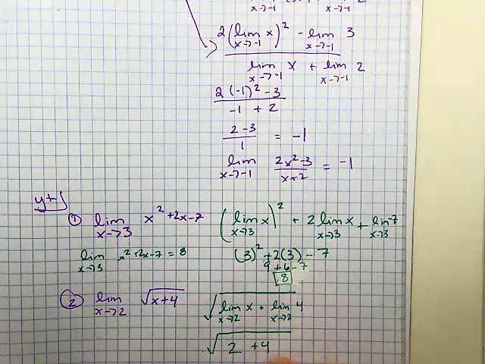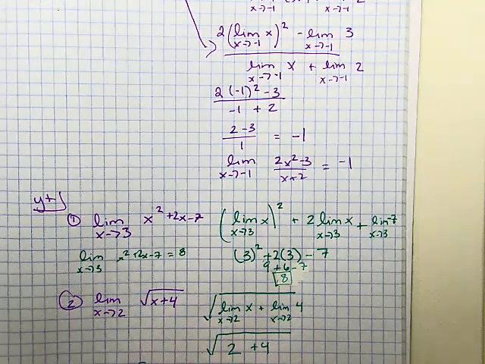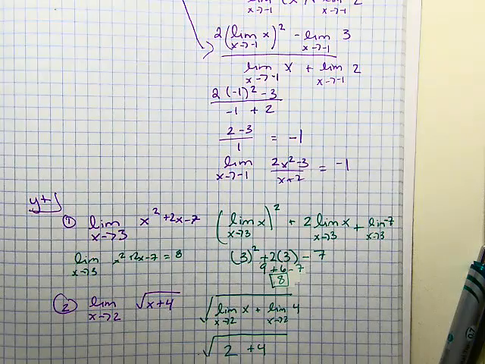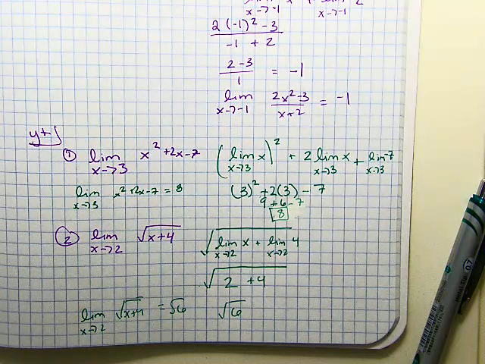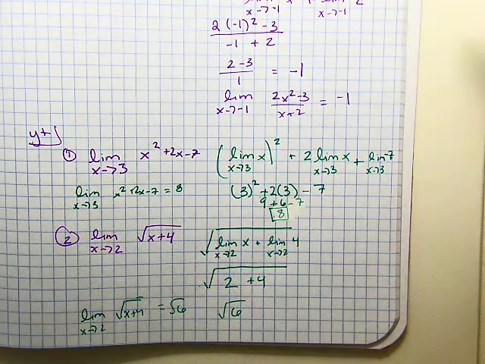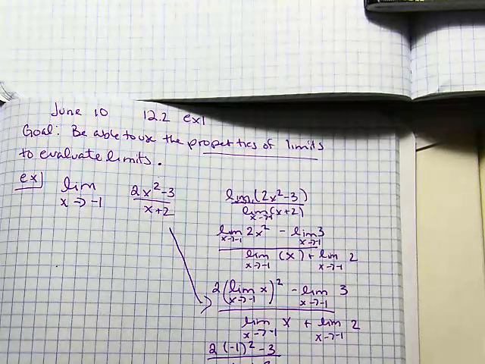So our answer is the square root of 6. So the limit as x approaches 2 of the square root of x plus 4 is equal to the square root of 6. And there you go. Sorry for not showing that. That is it. So the key thing is I'm going to teach you another way to do this tomorrow. But if the problem says using the properties of limits, that is how you're going to do it.